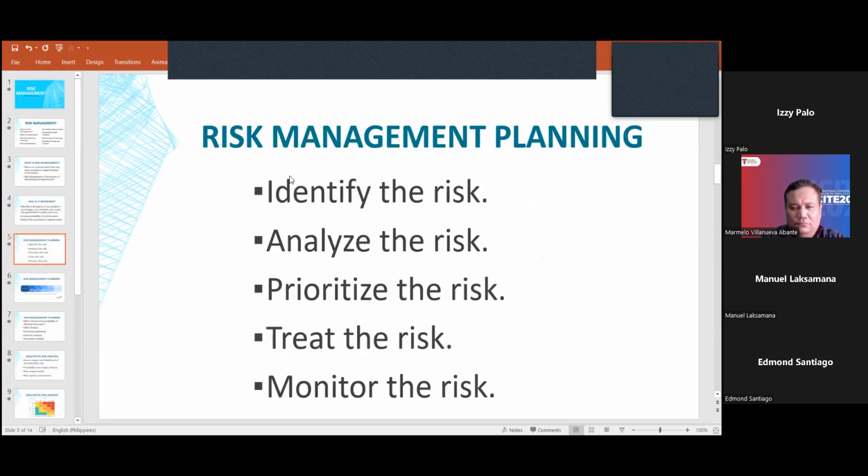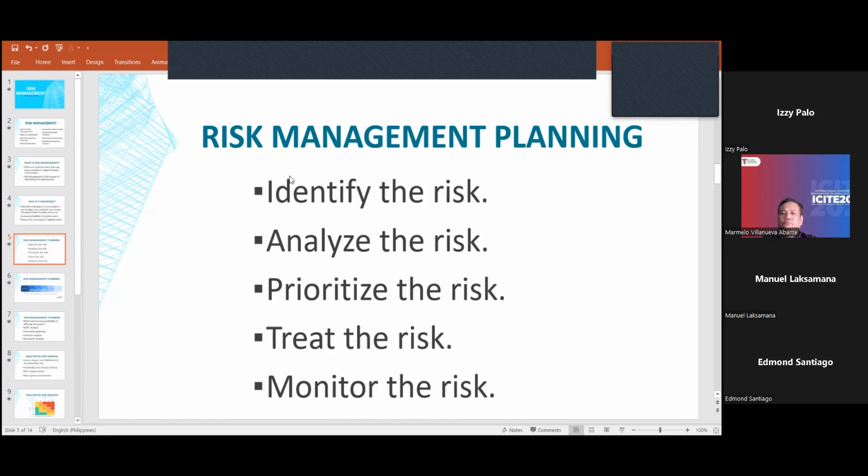So in terms of risk management planning, these are some of the things that need to be planned, for us to identify, analyze, prioritize, treat, and also monitor the risk, so that we become more successful.